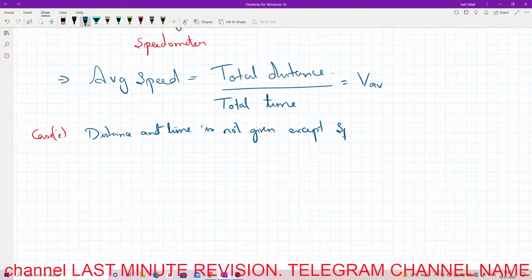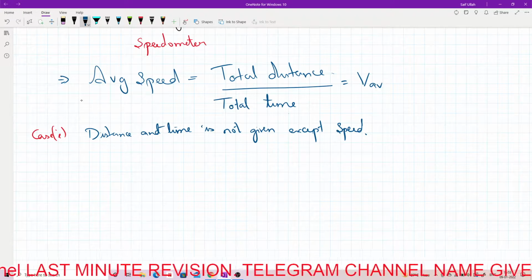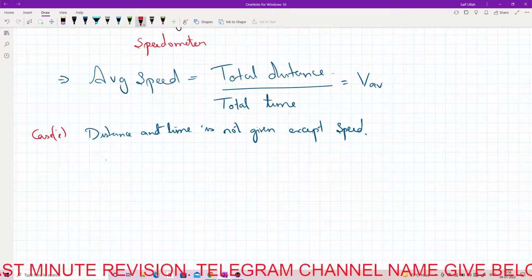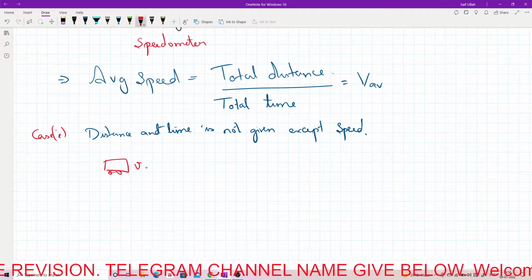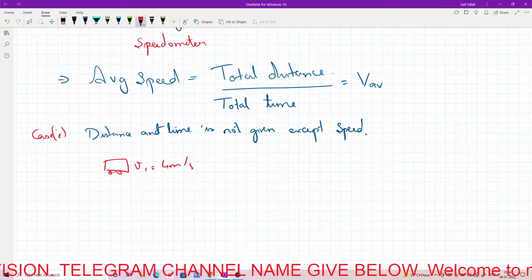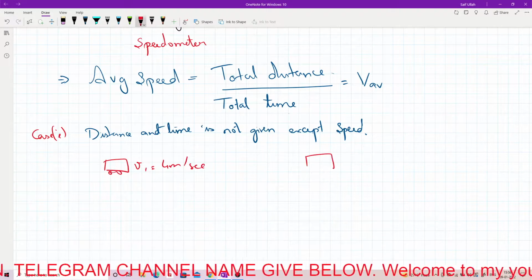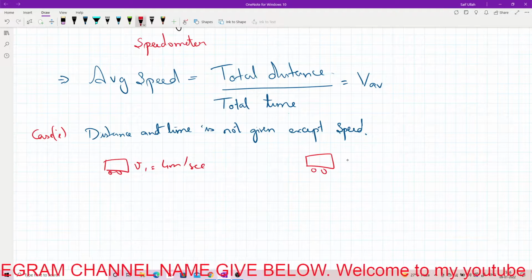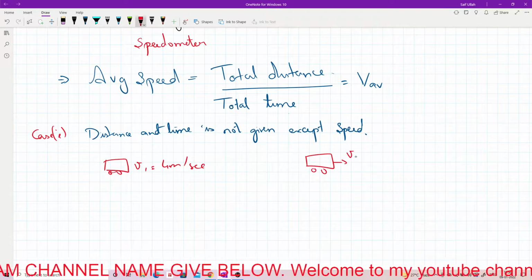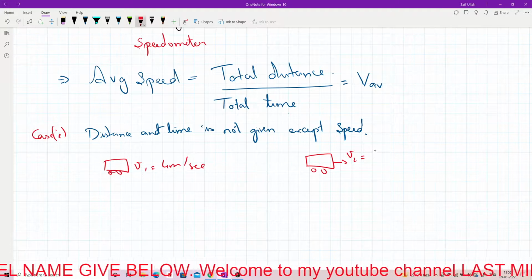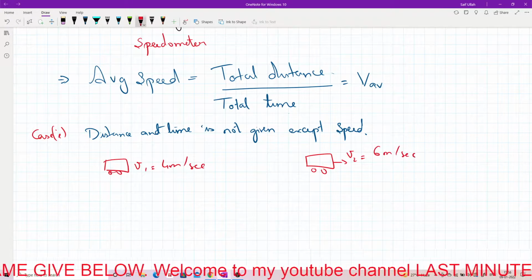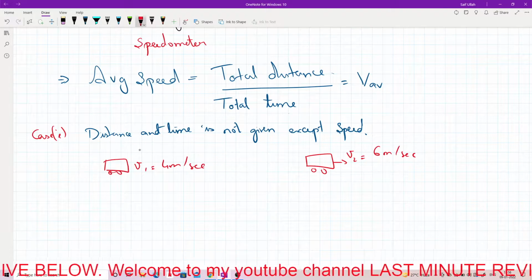For example, a vehicle has v1 equal to 4 meters per second, and the same vehicle now has velocity v2 equal to 6 meters per second, for example.